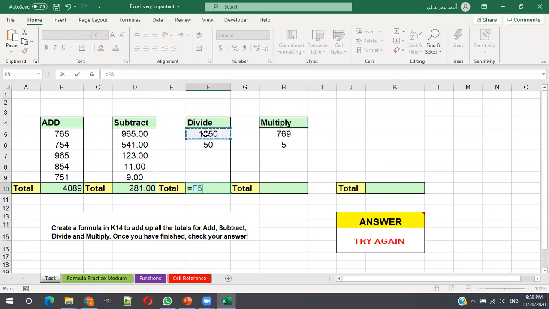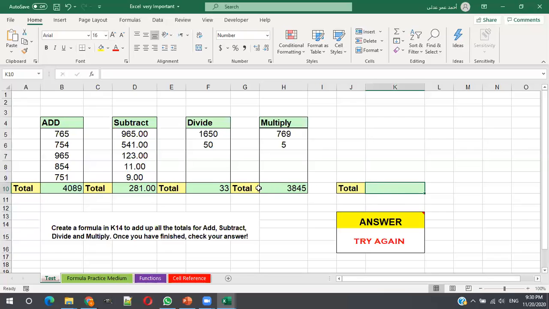Divide. You have to put equal sign, first one divided by second one. Press enter. Multiply. I have to put equal sign, first one multiply second one. Press enter. I want the result of the total of these numbers.